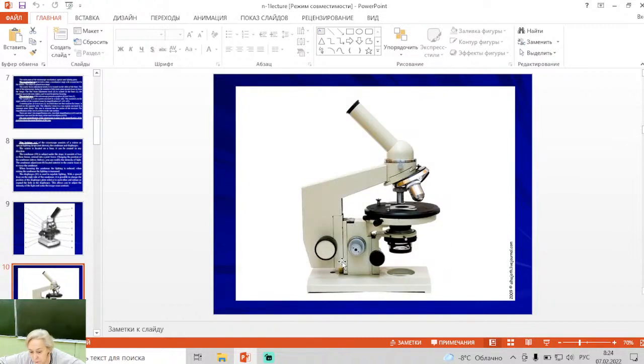On this microscope you see the coarse focus adjustment knob on the arm and the fine focus adjustment knob next to it, not on the base, but in this place. Condenser, diaphragm, and other elements are the same as on the first microscope.